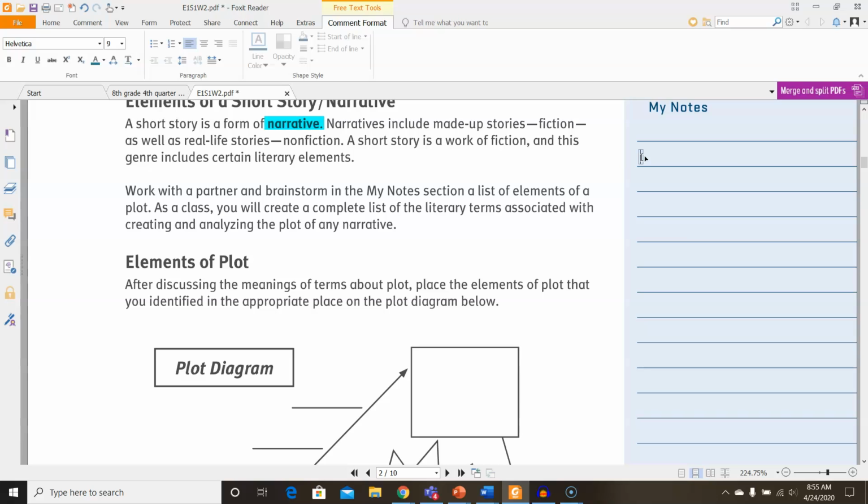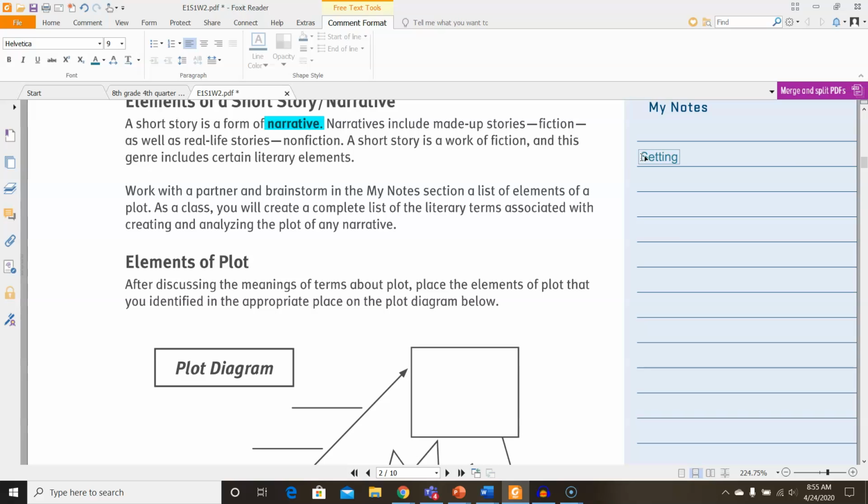It may not seem obvious to you at first, but you're going to need a setting. Obviously, the short story can't happen in nothingness. I mean, even nothingness would be a setting. If you had just a blank space, that would be a setting, even though a very unconventional one. So the story has to take place somewhere in order to exist.